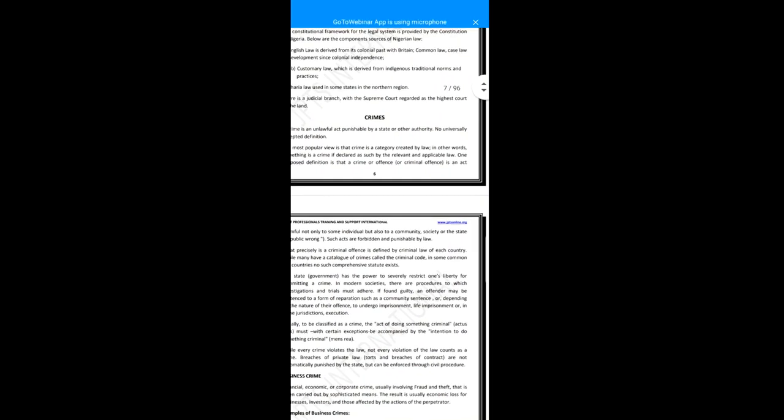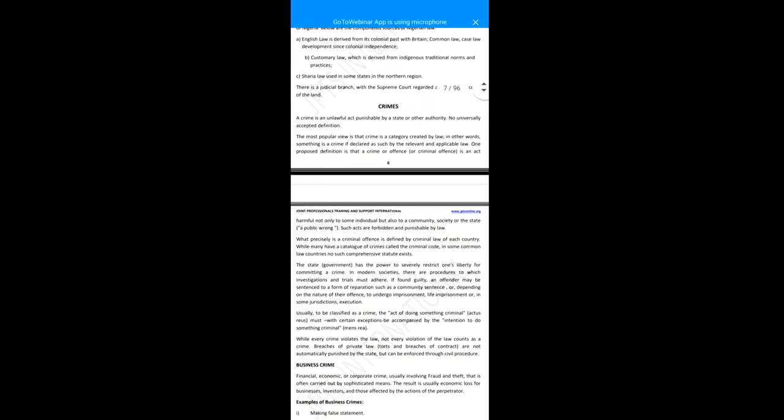Now, every country has its criminal code, its criminal law, its criminal offense. While many have a catalogue of crimes called the criminal code, in some common law countries, no such comprehensive statute exists.